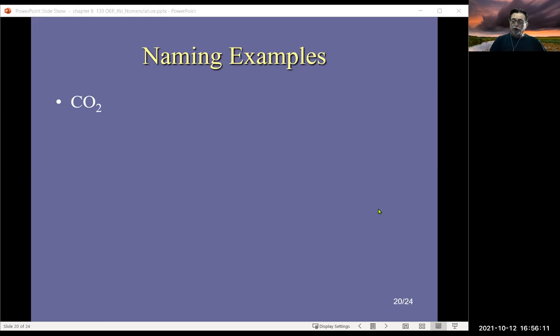We see carbon all by itself, so it's simply carbon. 99.99% of the time, the first nonmetal is a central atom, and whatever follows is bonded to the central atom. So I would break it down with respect to the name. First one is carbon. There's only one, so we don't need mono for the first one. If there were two of them, it would be di, but there's only one.